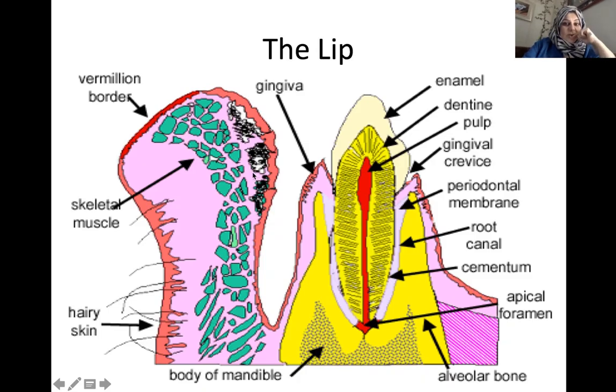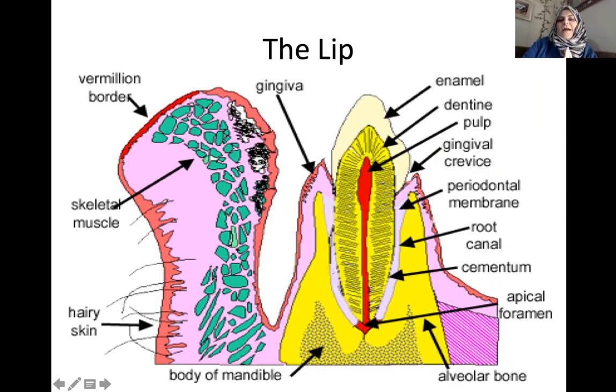The internal wet surface is characterized in that the lining epithelium is stratified squamous non-keratinized epithelium, with absence of sweat glands, hair follicles and sebaceous glands, but we will find a majority of minor salivary glands.